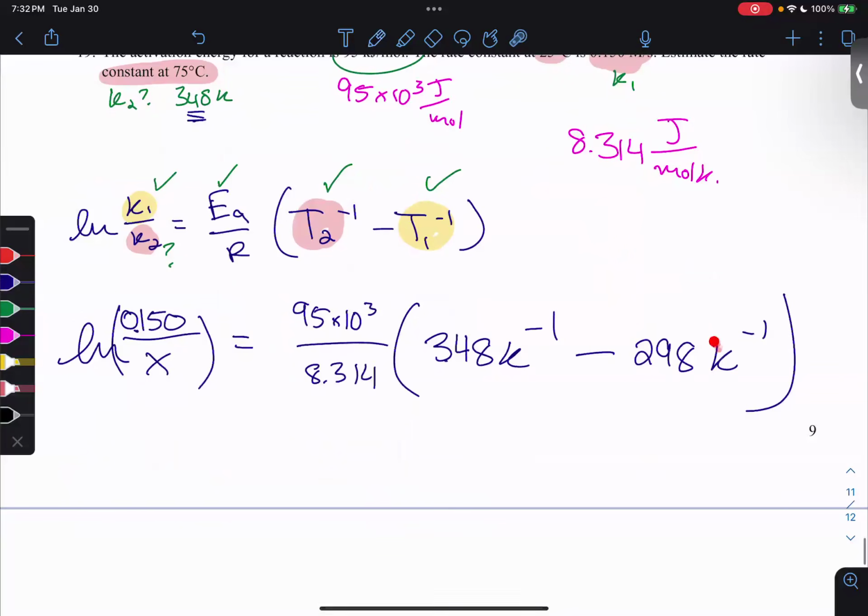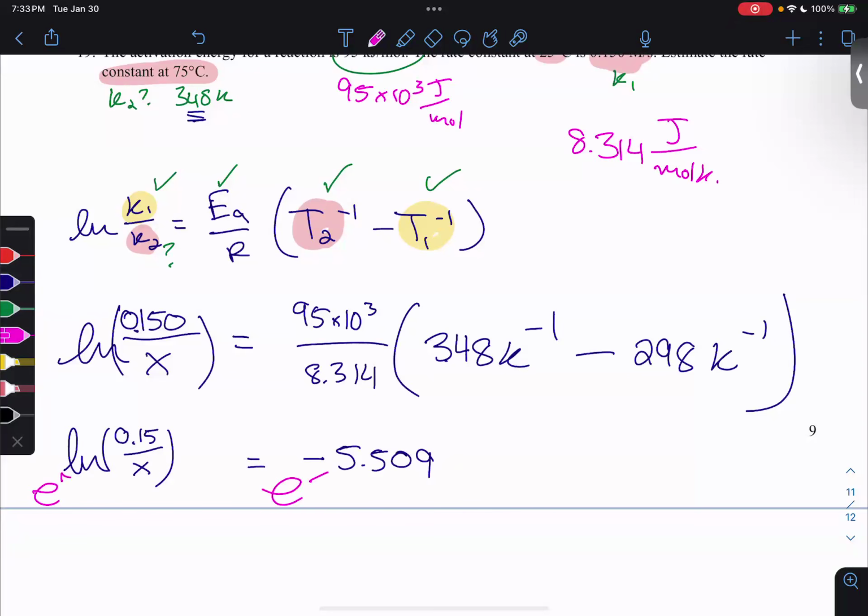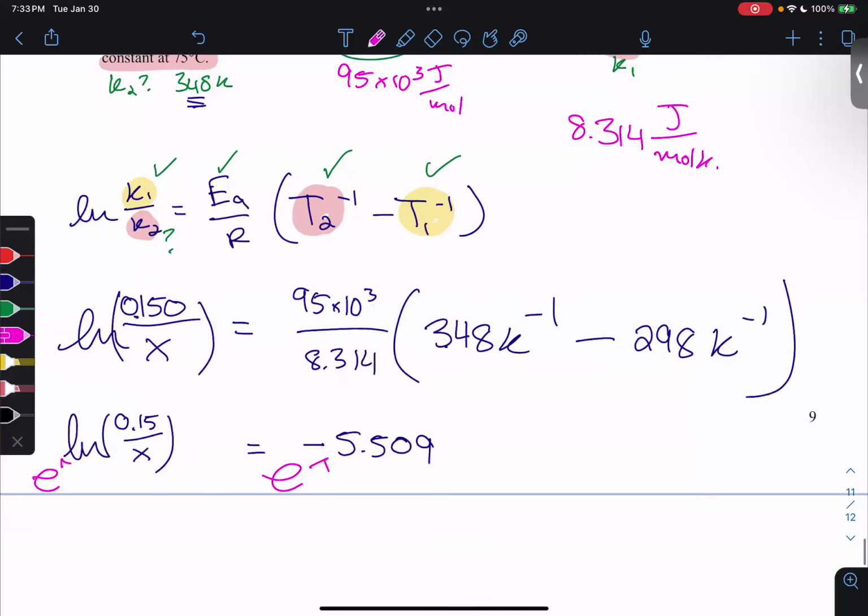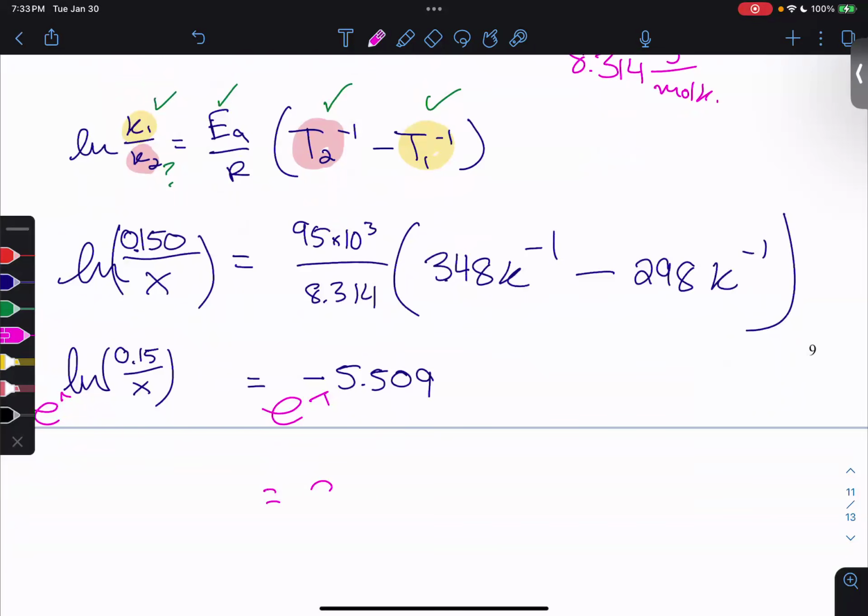So if you do the whole thing on this side of the equation, you get something like -5.509 equals ln of 0.15 over X. How do I get that X out of that natural log? You e to the both sides, yes. So if you take e to the -5.509, you get 0.00405.